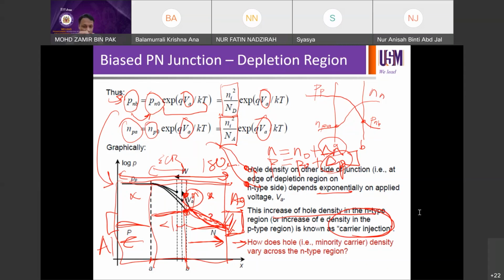Applied voltage, yep, okay. You have the applied voltage, and therefore, Shazanani, when you have the applied voltage, what happens next? Why does it lead to increased minority carriers?